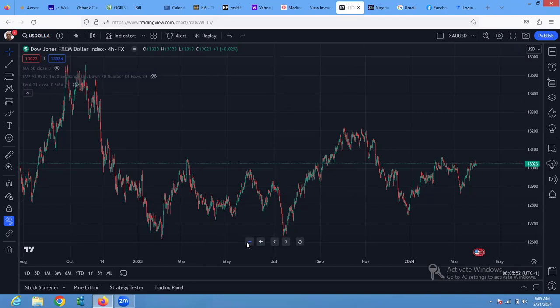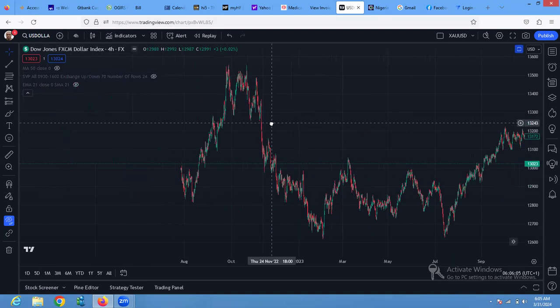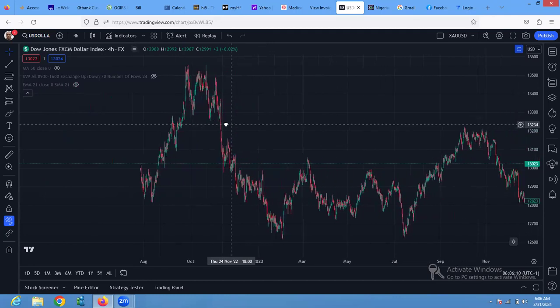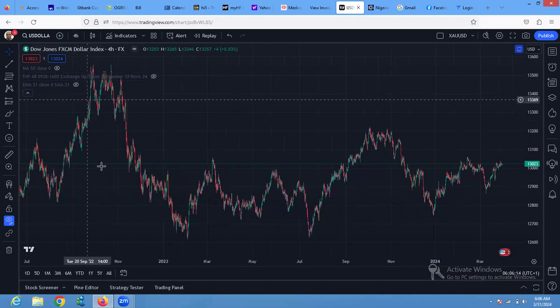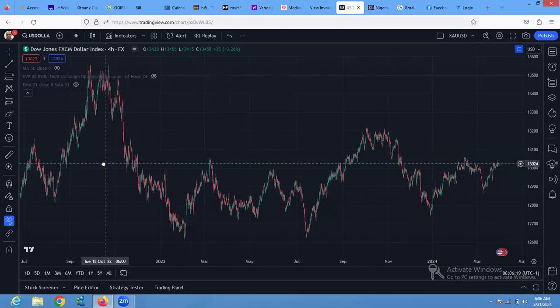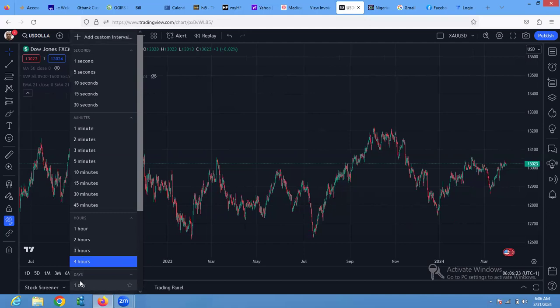Looking at this 4-hour time frame, I think I've reached the end of the 4-hour time frame here on the US dollar index. If I push here, okay, it's not engaging here for me, except, let me see. Let me see if I can change to the daily for you to see something.